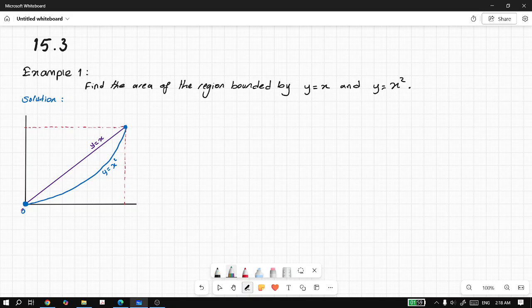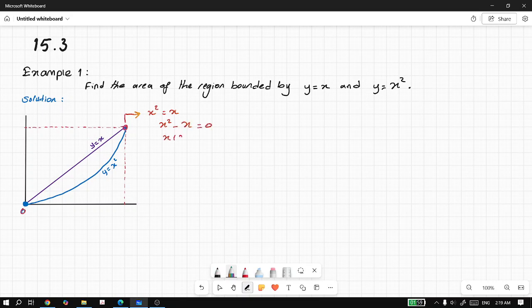Here, this one is the origin, and this other point we can find by simply equating the two functions to each other, since this is the intersection point of those two functions. So x squared equal to x. Rearranging, x squared minus x is equal to 0.